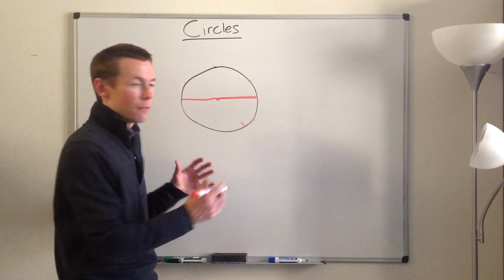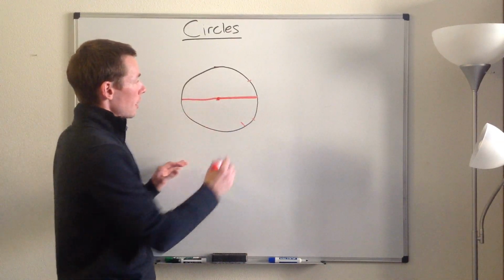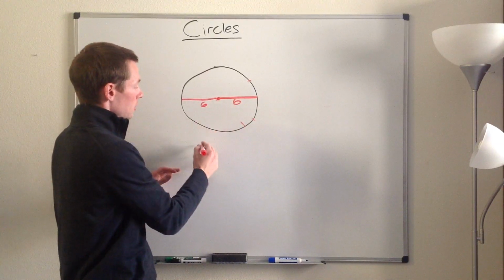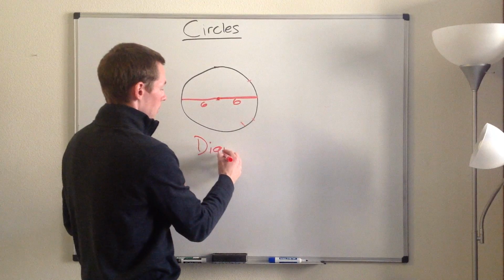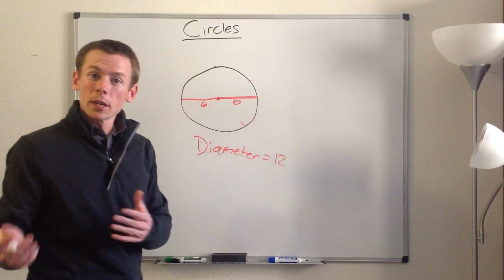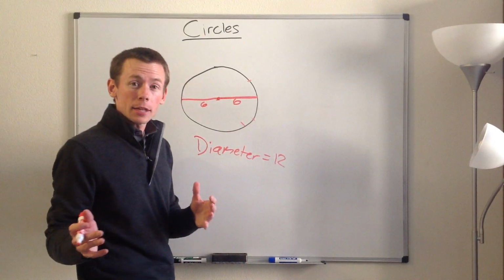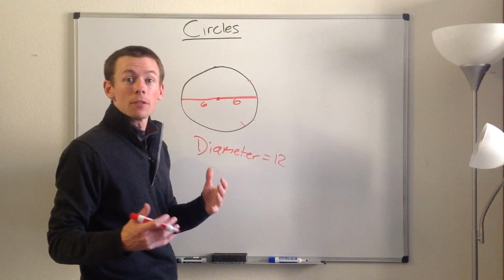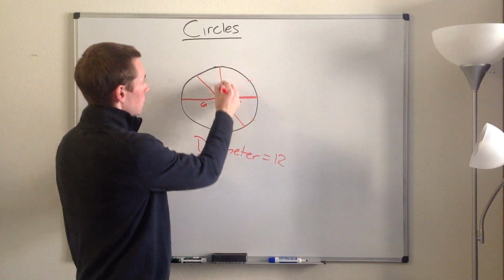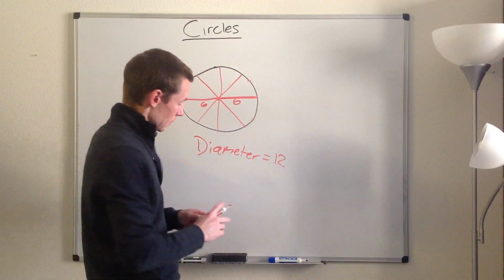That's representative of a diameter. So essentially, if the radius were 6, and then this is also 6, the diameter would equal 12 units. Notice, like the radius though, there are an infinite number of diameters. I could also draw that, this, and many, many more. Okay?